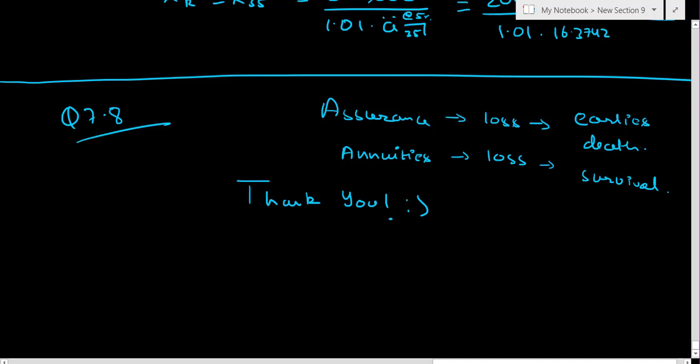And this happens for a very simple reason: in case of assurances, if there is an earlier death, the amount of discounting is less, and thus the present value of the benefit increases. But with annuities, if the person survives more, we have to make more payments. So it doesn't matter even if the discounting is more, the number of payments increases, and that increases the value of annuities.